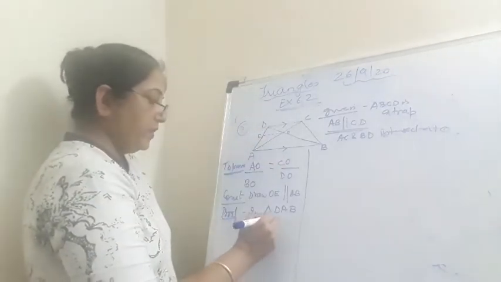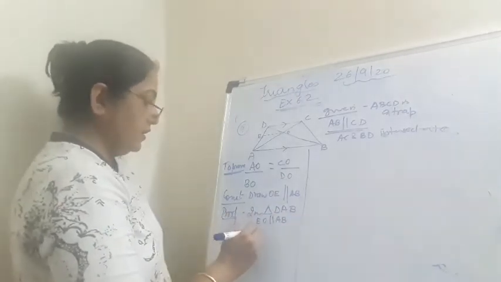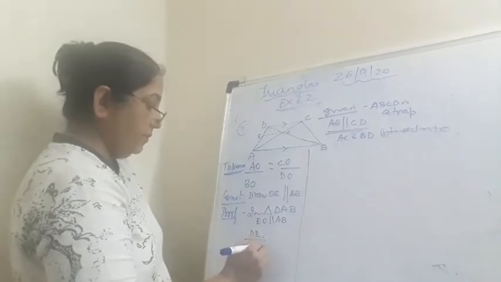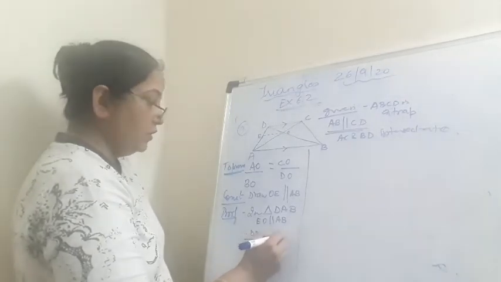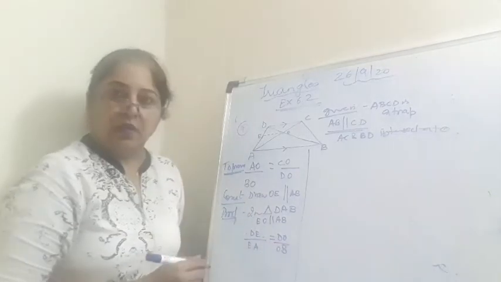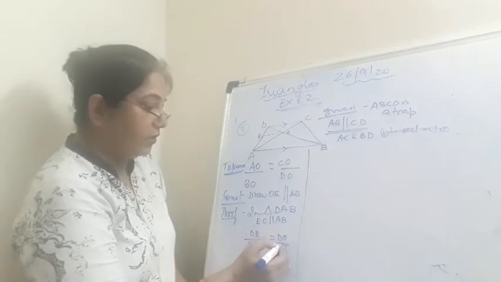EO is parallel to AB, therefore we can write DE upon EA is equal to DO upon OB. Yes, I hope this part is clear to you that DE upon EA is equal to DO upon OB.